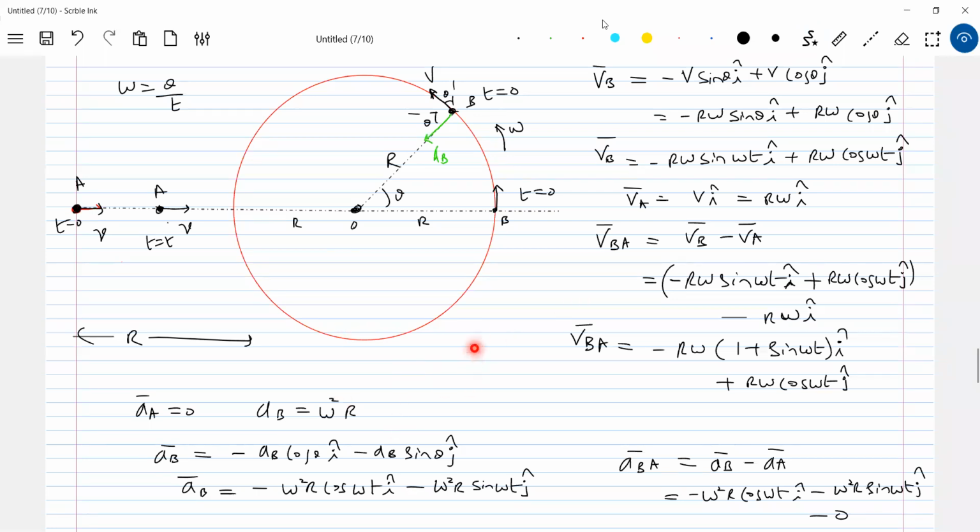How to get the angular velocity of B with respect to A? You should draw a line joining B and A. Things will be a little bit difficult here. In time t, this will cover a distance Vt, so this will be R minus Vt. This is R, this is R. Then get this length.